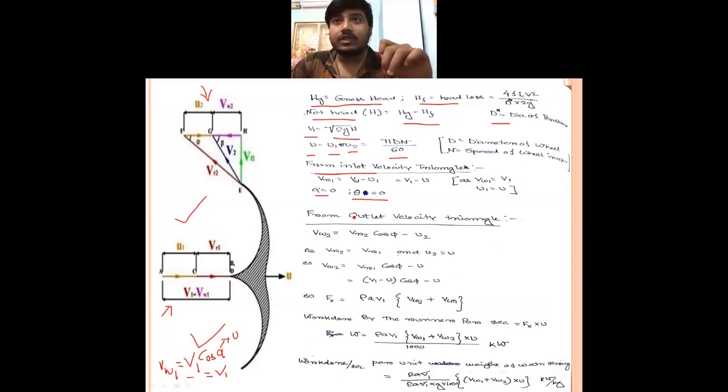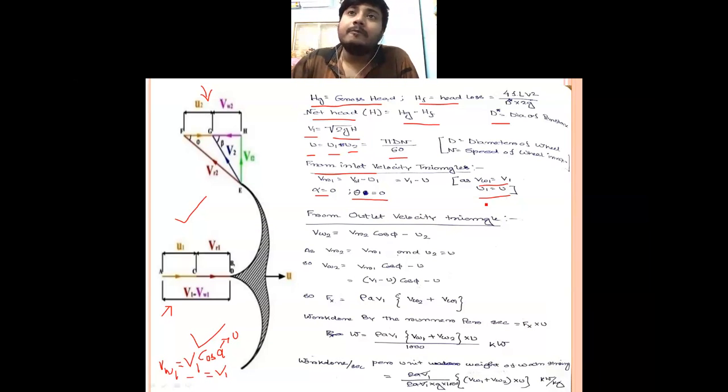So here it has been shown that VW1 is the same as V1 and U1 is the same as U. As I have told earlier, the buckets are smooth, so we can consider U1 as U, and VR2 is equal to VR1.